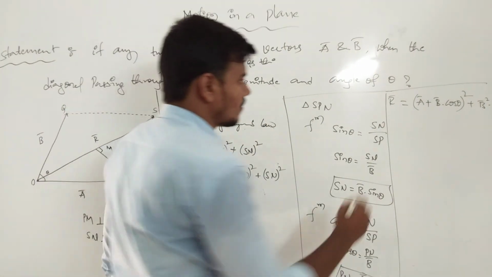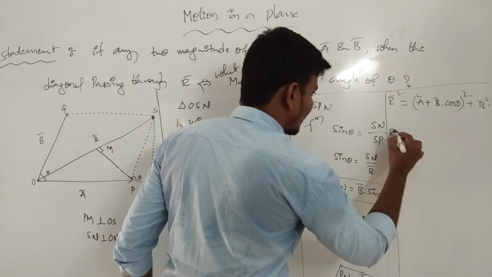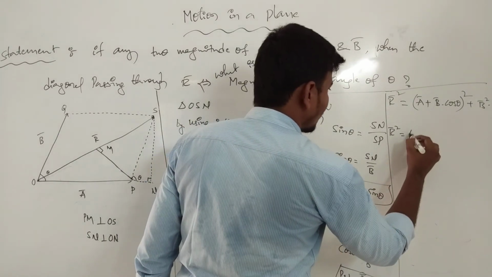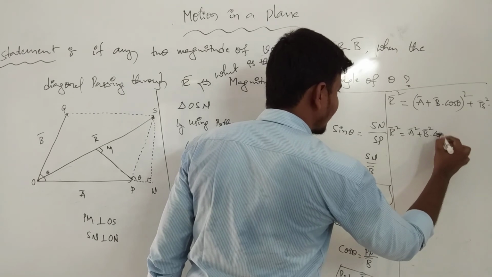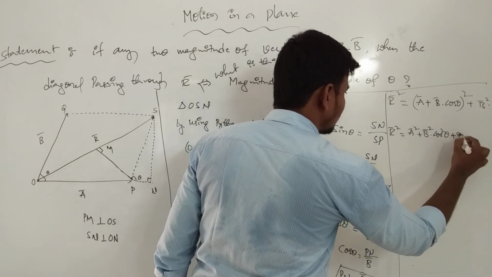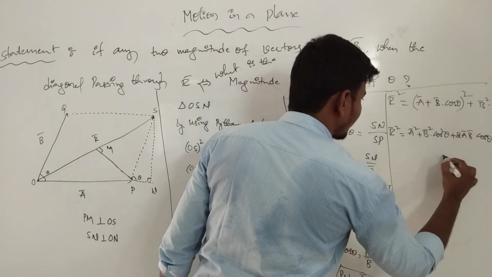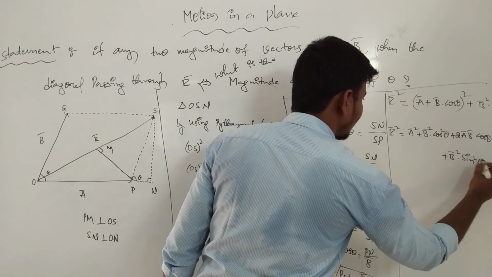Now this one is R bar square. R bar square is equal to A plus B whole square manner. A bar square plus B bar square cos square theta plus 2 A bar B bar cos theta, plus B bar square sin square theta.